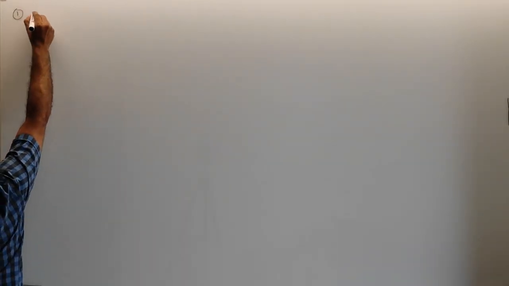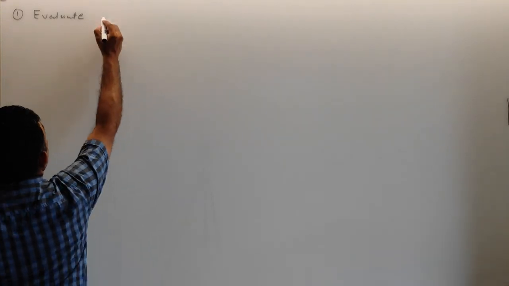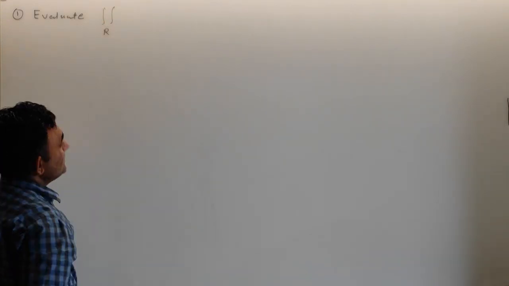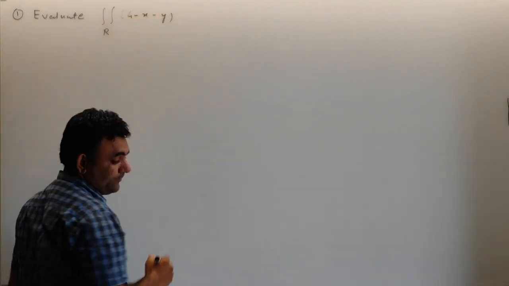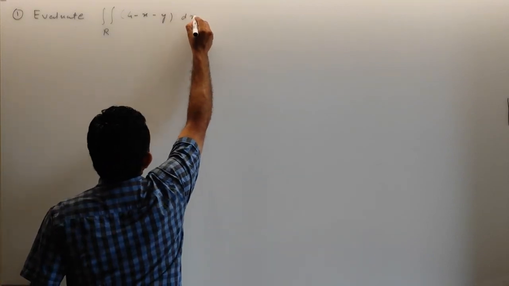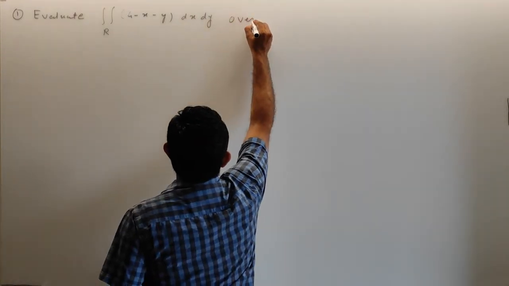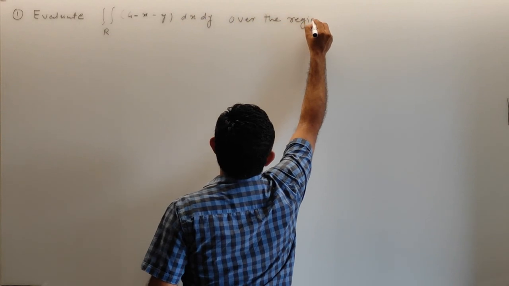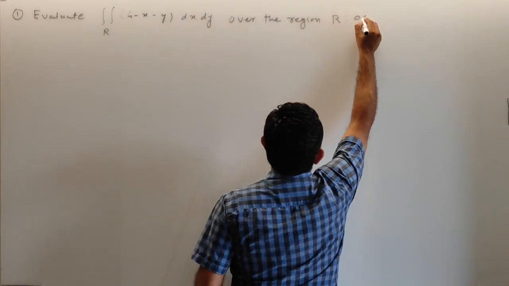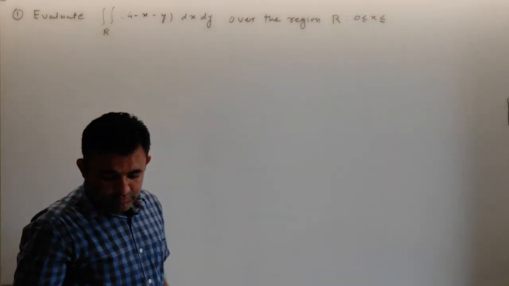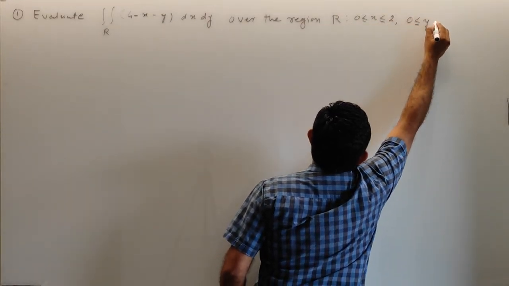Evaluate the double integration over R, where R is a region, of 4 minus x minus y, dx dy, over the region R, where R is given by 0 less than or equal to x less than or equal to 2 and 0 less than or equal to y less than or equal to 1.